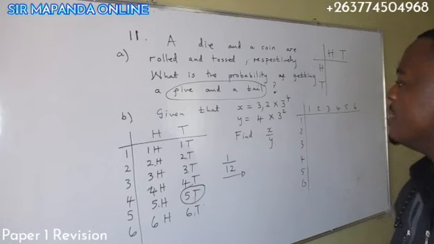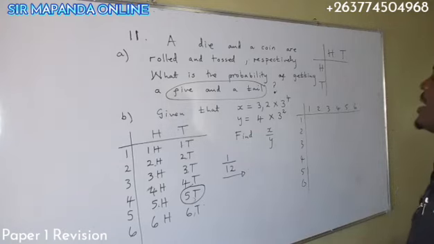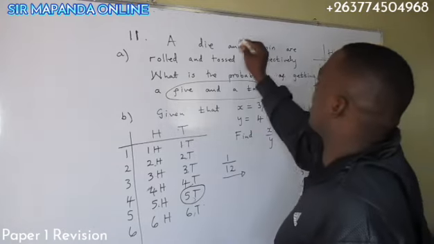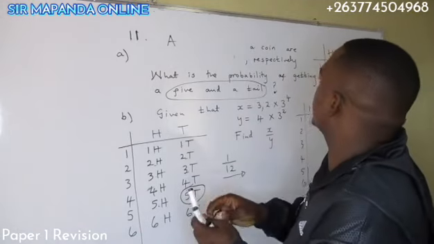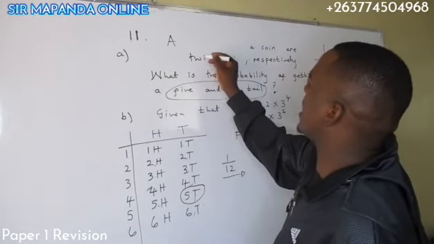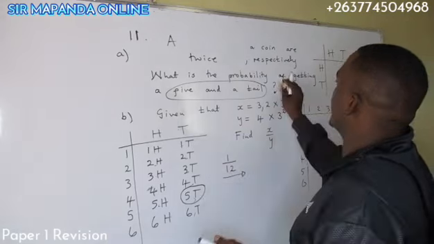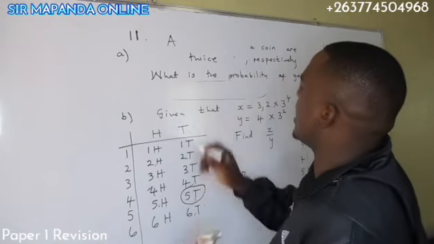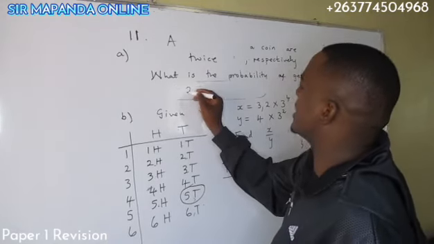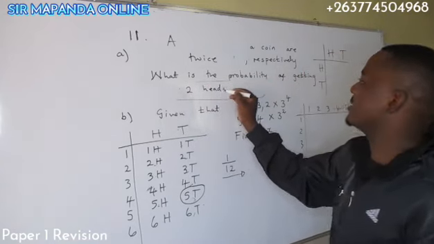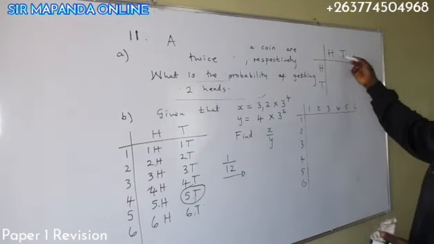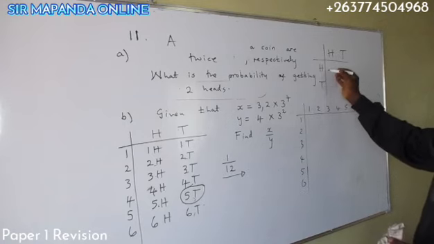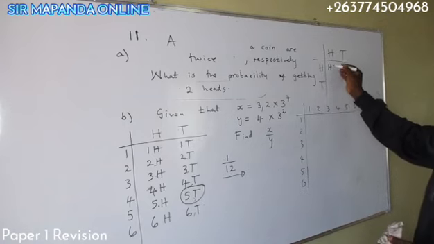So this is how you go about it. What I'm trying to say is you may have a coin which is being tossed twice, and the question may require you to find the probability of getting 2 heads. You write HT, then you write HT. So you combine H and H, you get HH.